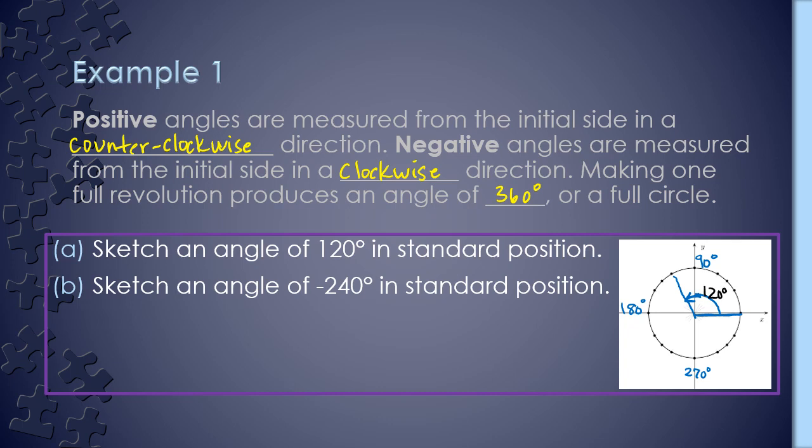Now, for the negative 240 degree angle, I'm again going to start with my vertex at the origin, and I'm going to start with my initial side on the positive x-axis, but this time I'm going to move clockwise. And so I'm going to go negative 90 degrees. I'm going to go negative 180 degrees.